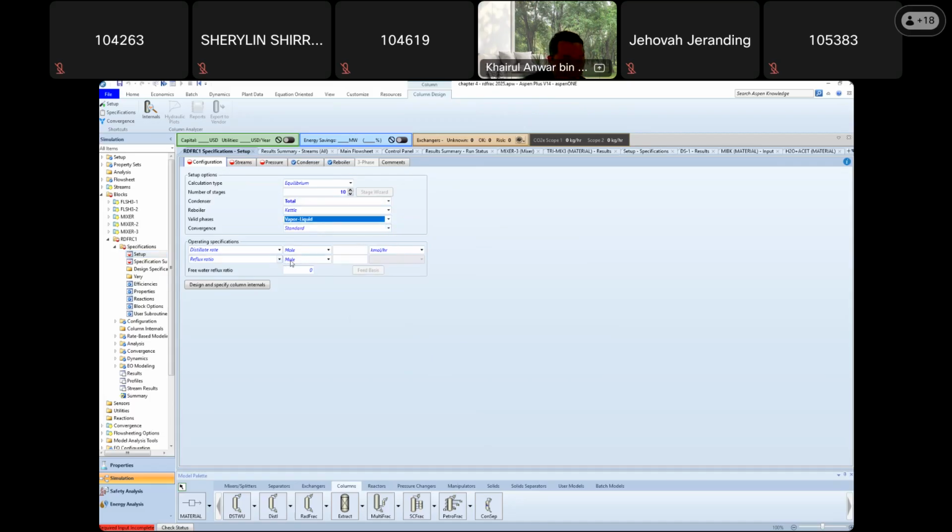Standard. Reflux ratio, this one mole is 0.9995. Distillate to feed ratio, mole 1.4. Click the feed basis.